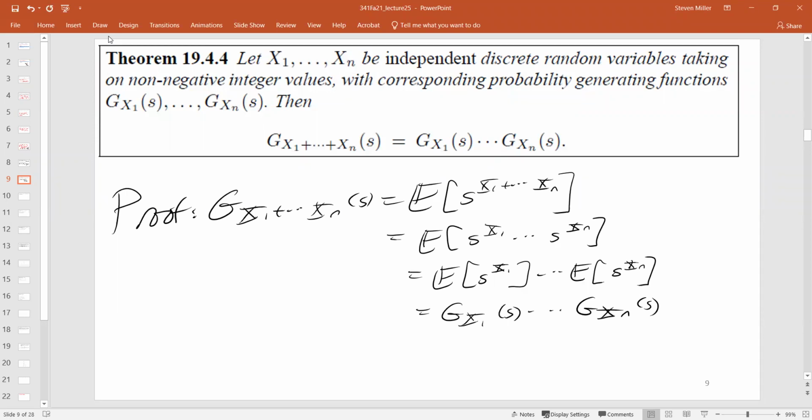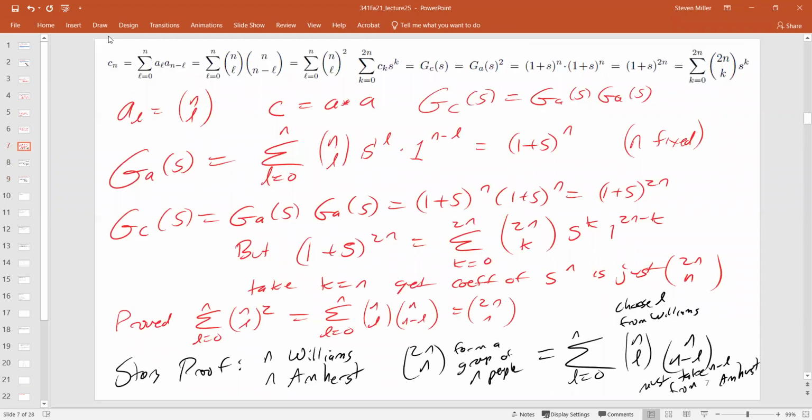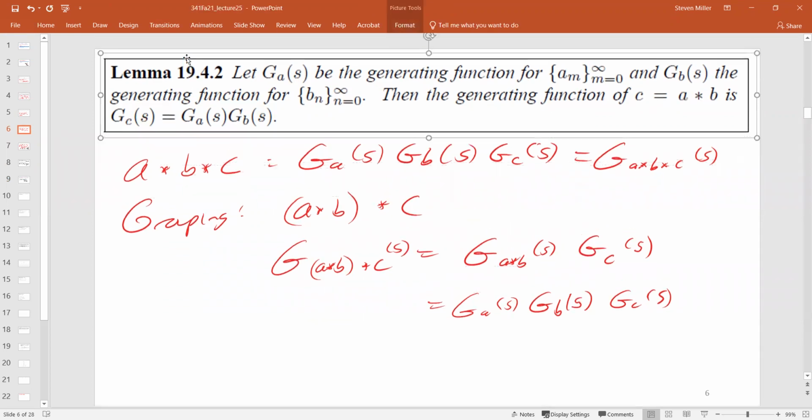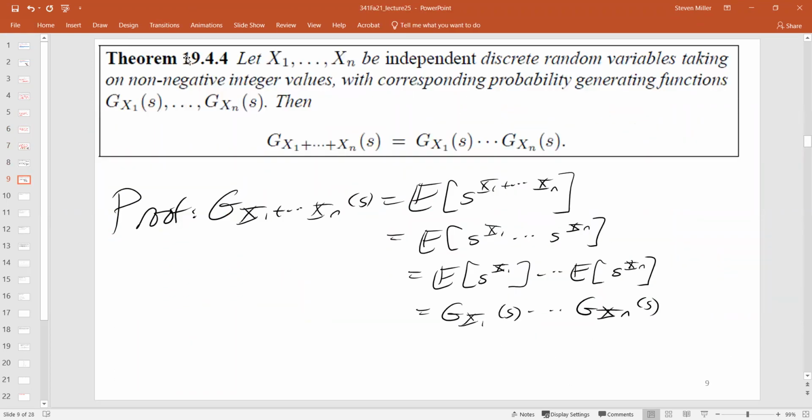Yeah, if you go back a couple of slides, we proved that for generating functions, the generating function of the convolution is the product of the generating functions, right? That's just applied right here.